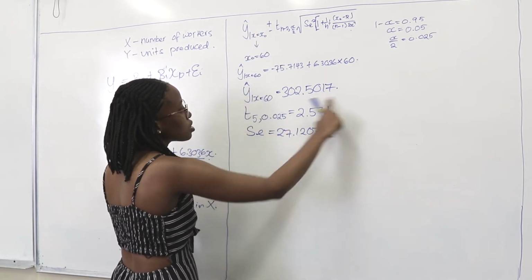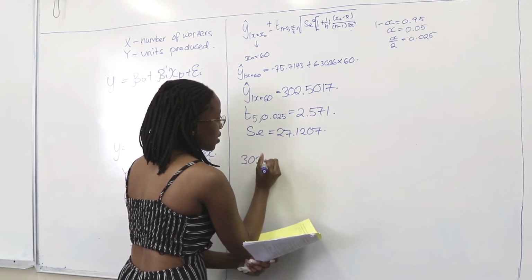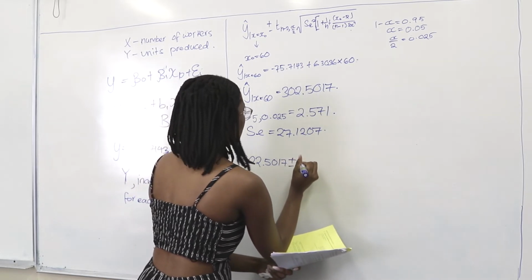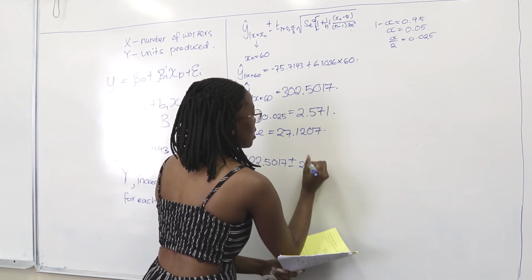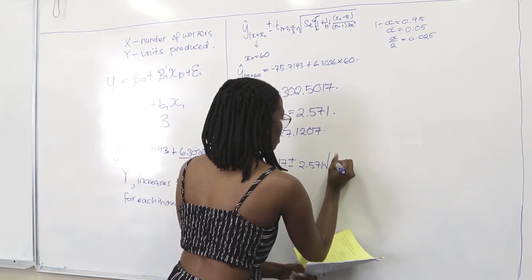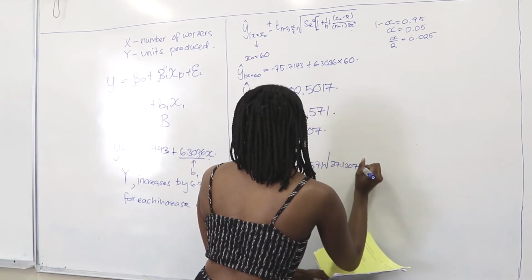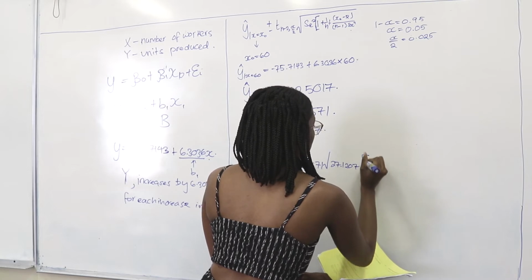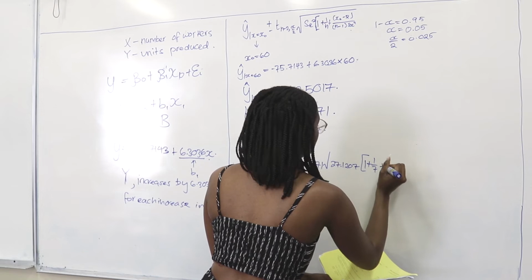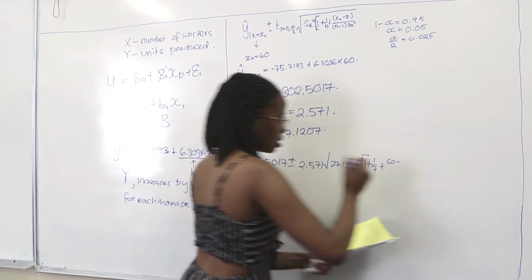We start here, which is 302.5017 plus or minus 2.571 times the square root of 27.1207, open bracket 1 plus 1 over 7 plus 60 minus, does anyone have the x bar for me?